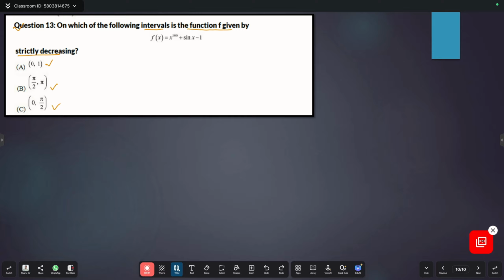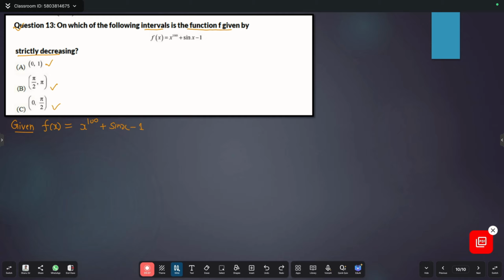Given f(x) equals x to the power 100 plus sin x minus 1.